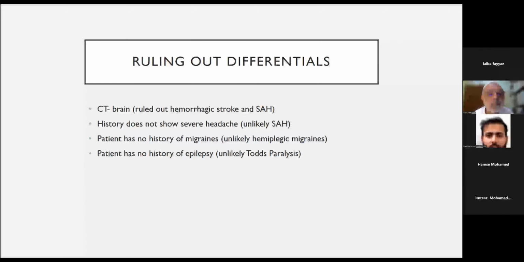And the history is not going to point towards subarachnoid hemorrhage, as it does not have severe thunderclap headache. Patient has no history of migraines, so it is unlikely to be a hemiplegic migraine. Patient has no prior history of epilepsy, so unlikely TORS paralysis.